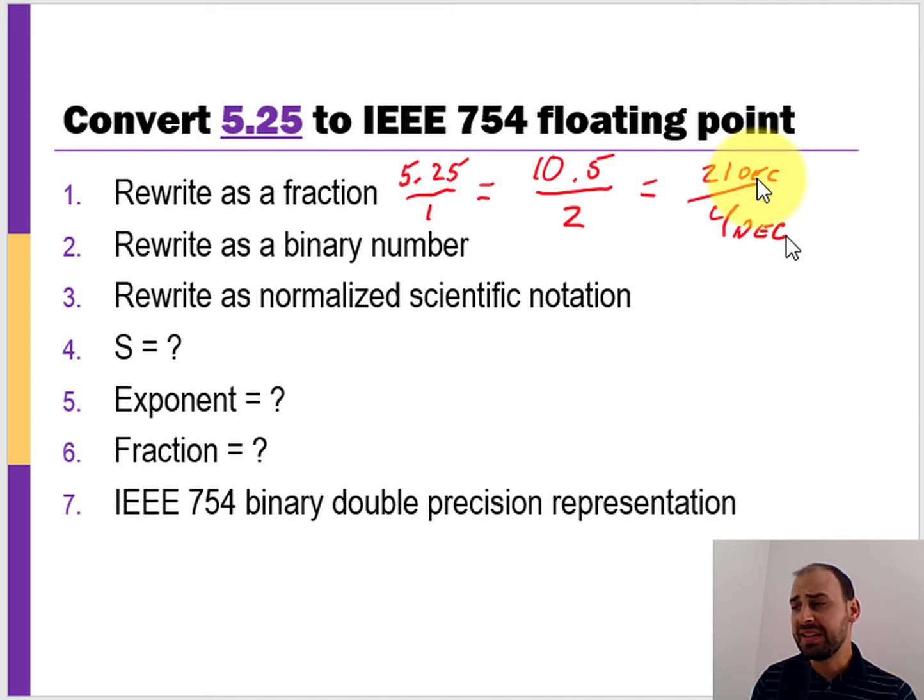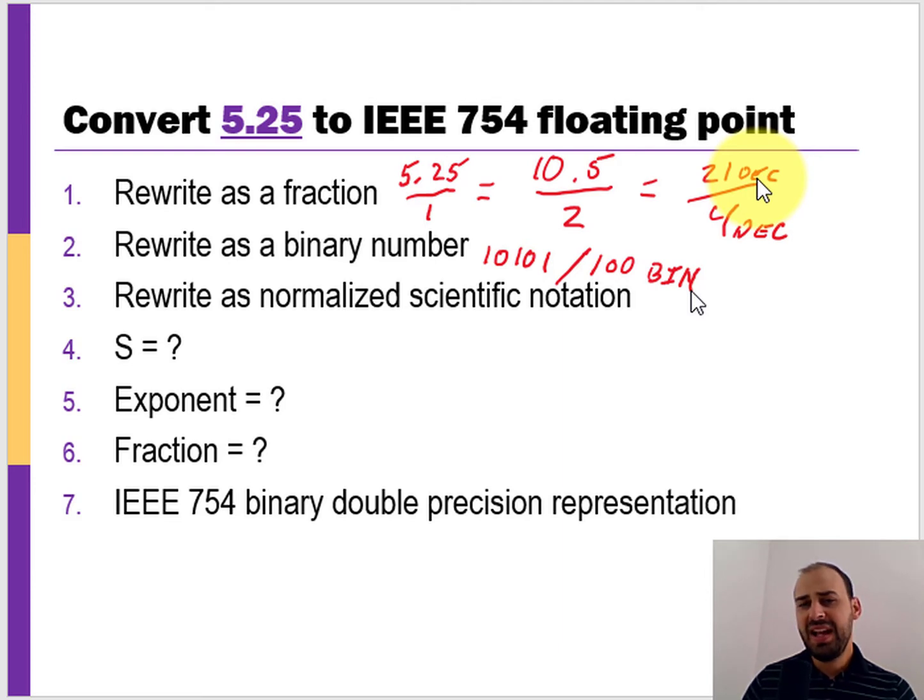So our 21 is 10101 in binary, and 4 in binary is 100. This is all represented in binary, or base 2. We've taken that fraction above and converted it into binary.